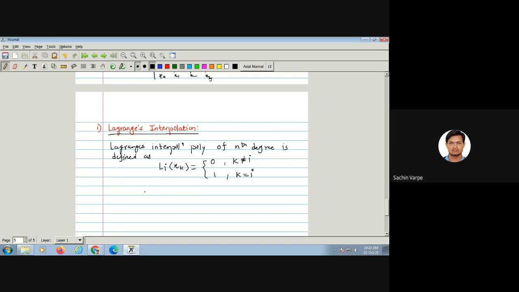Suppose I want to define Li. In general, Li of x will be x minus x0, x minus x1, and so on, x minus x(i-1).